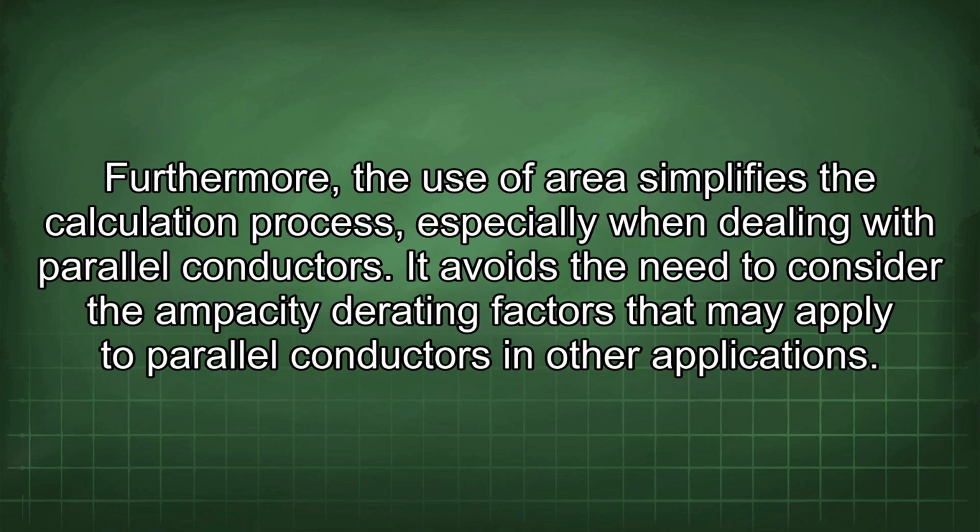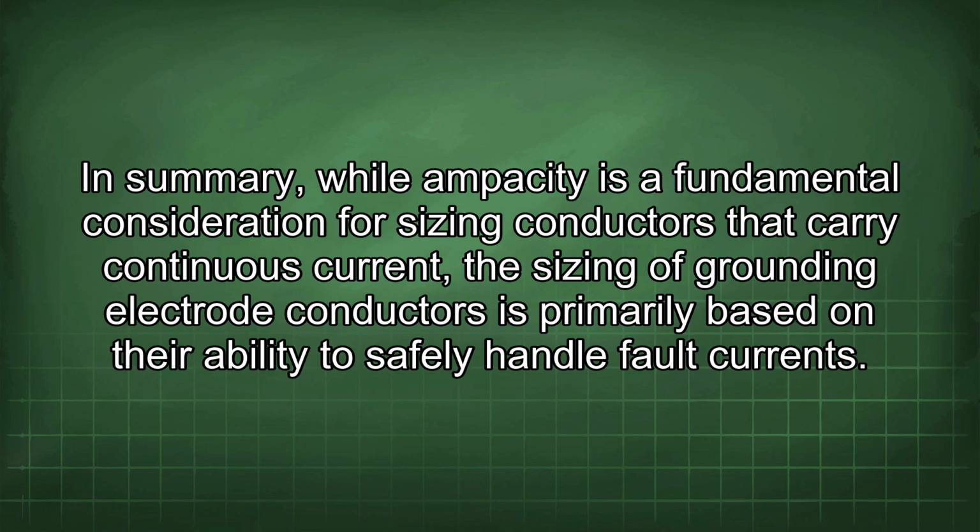Furthermore, the use of area simplifies the calculation process, especially when dealing with parallel conductors. It avoids the need to consider the ampacity derating factors that may apply to parallel conductors in other applications. In summary, while ampacity is a fundamental consideration for sizing conductors that carry continuous current, the sizing of grounding electrode conductors is primarily based on their ability to safely handle fault currents.